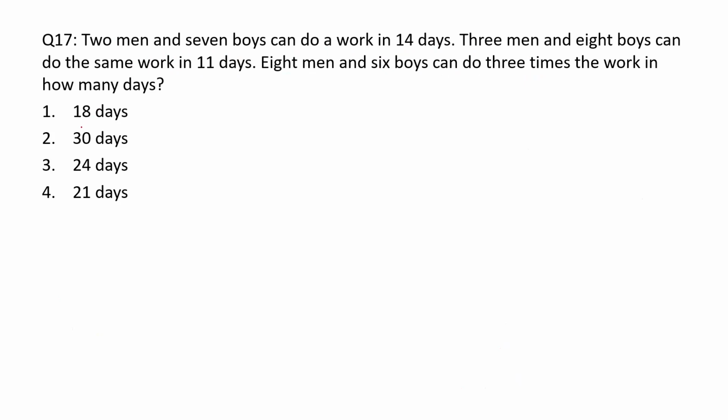So, it is a work done problem. Start with rate, meaning rate of work done. It is given that 2 men and 7 boys can do a work in 14 days. So rate is 1 upon time. So the rate of 2 men plus 7 boys is 1 upon 14.